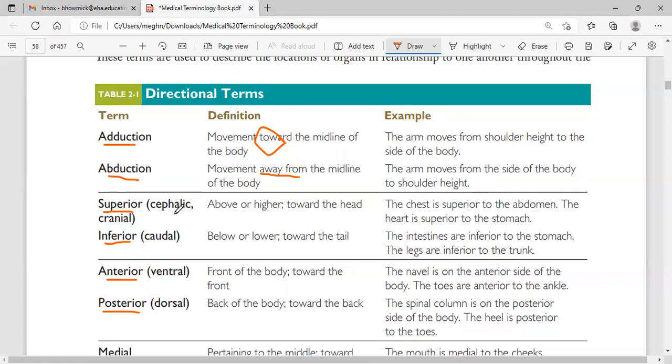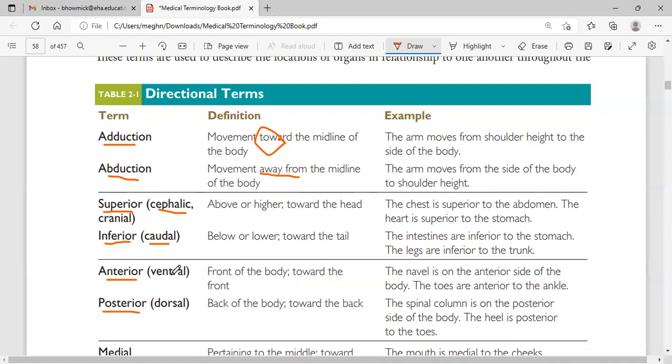Superior, cephalic, means above or higher, towards the head, and the chest is superior to the abdomen. The heart is superior to the stomach. Inferior, also called caudal; superior is called cephalic. So inferior means below or lower, towards the tail.